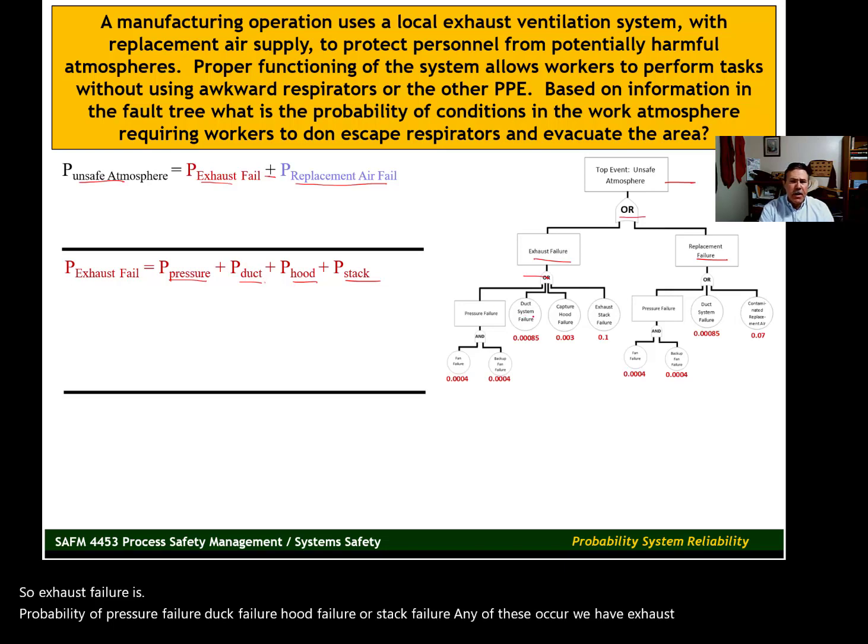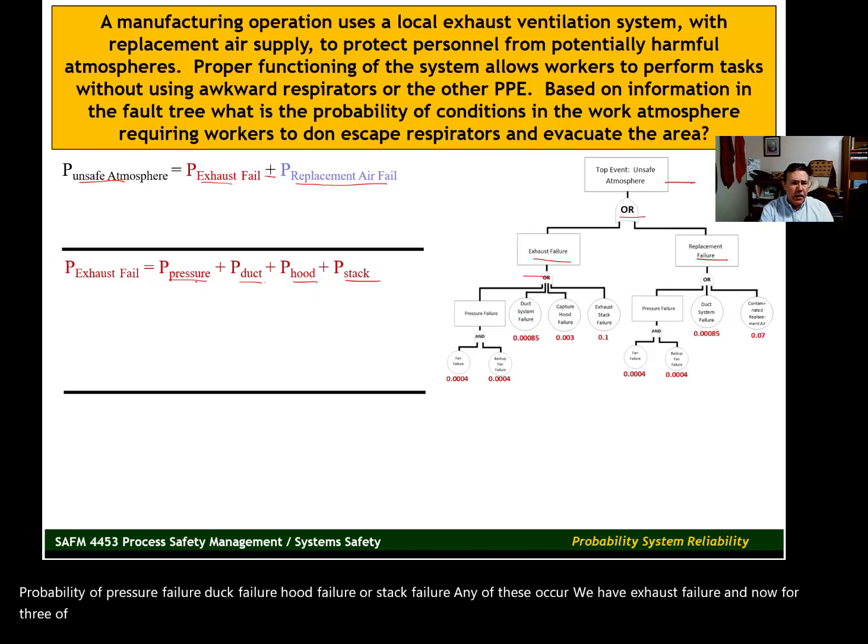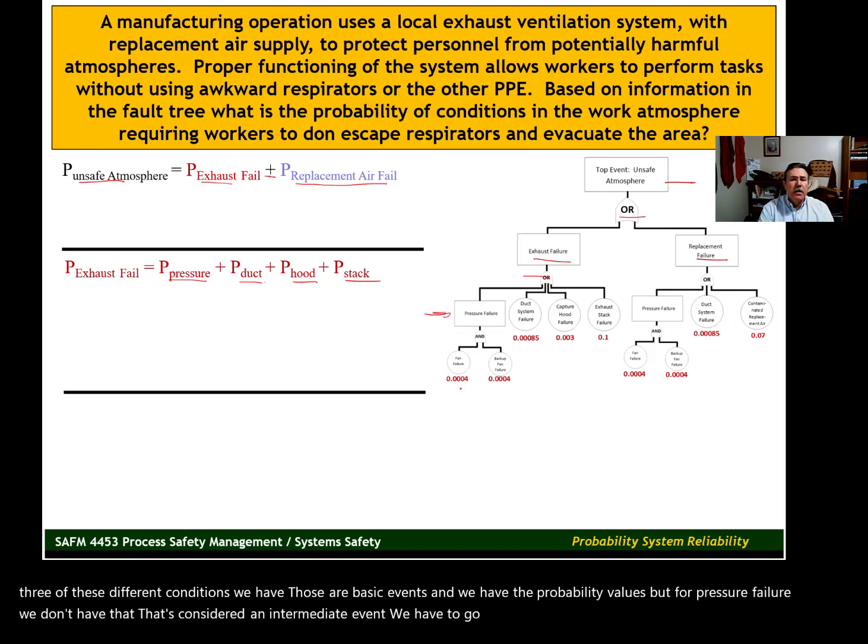And for three of these conditions, they're basic events, and we have the probability values. But for pressure failure, we don't have that. That's considered an intermediate event. We have to go back a little further to find the conditions leading to pressure failure.